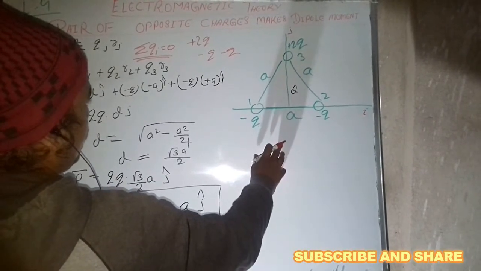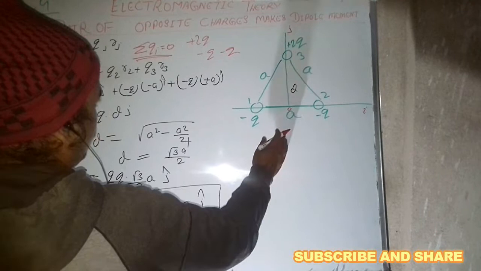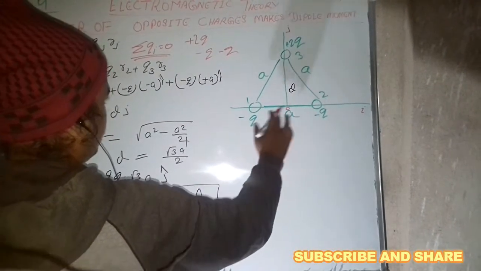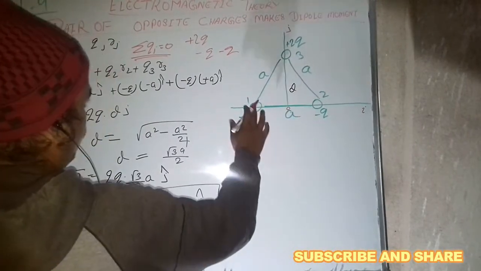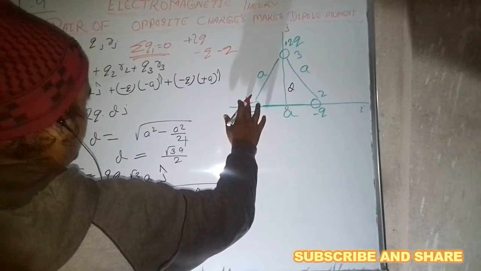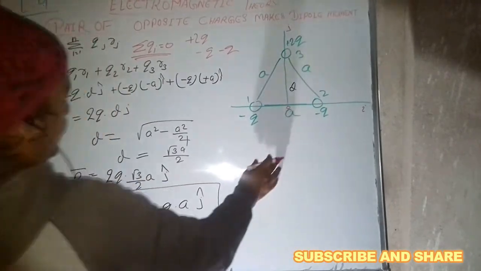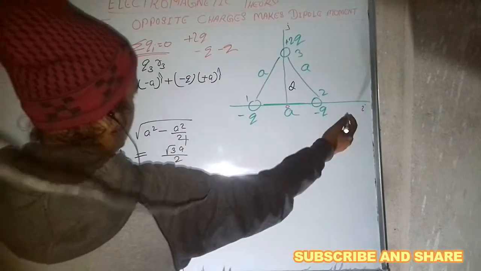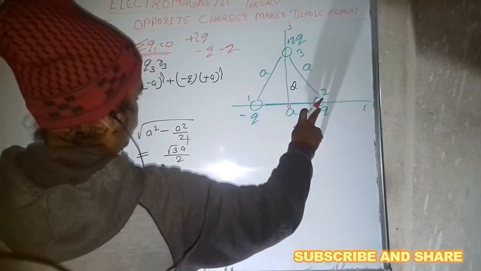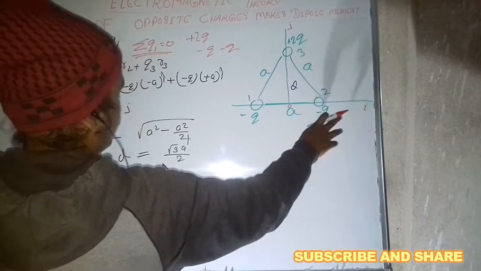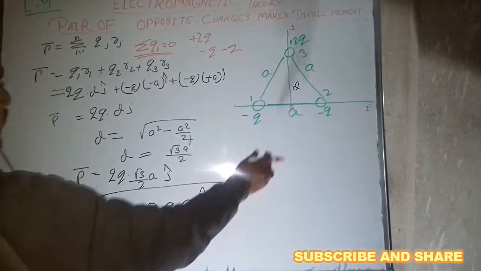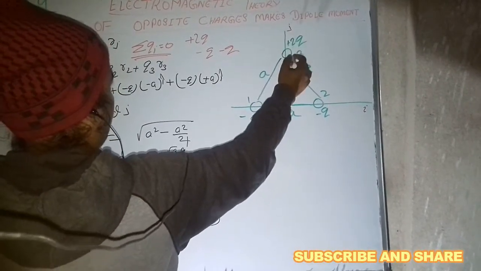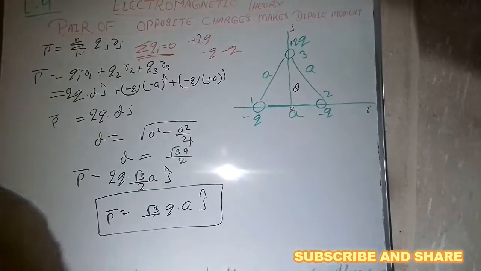What we do is take origin O as the midpoint of the minus Q and minus Q charges. The midpoint of charge 1 and charge 2 will be the origin, and the x-axis will go towards the minus Q second charge, and the y-axis will go directly onto charge 3.